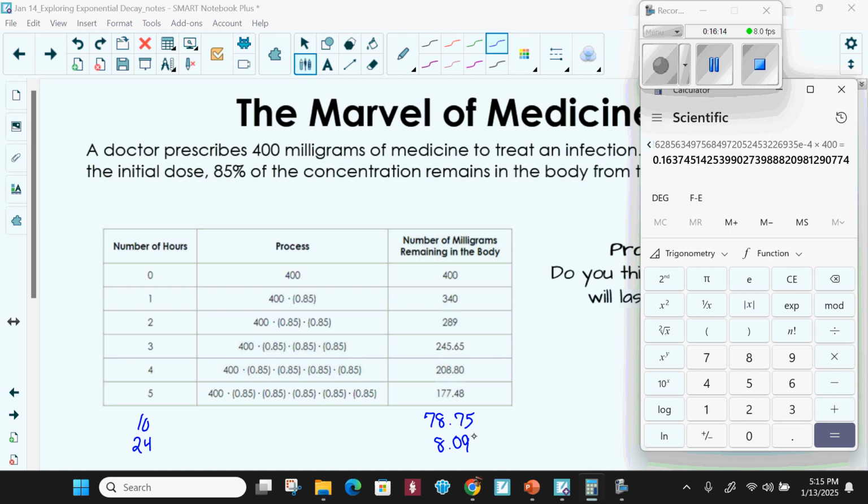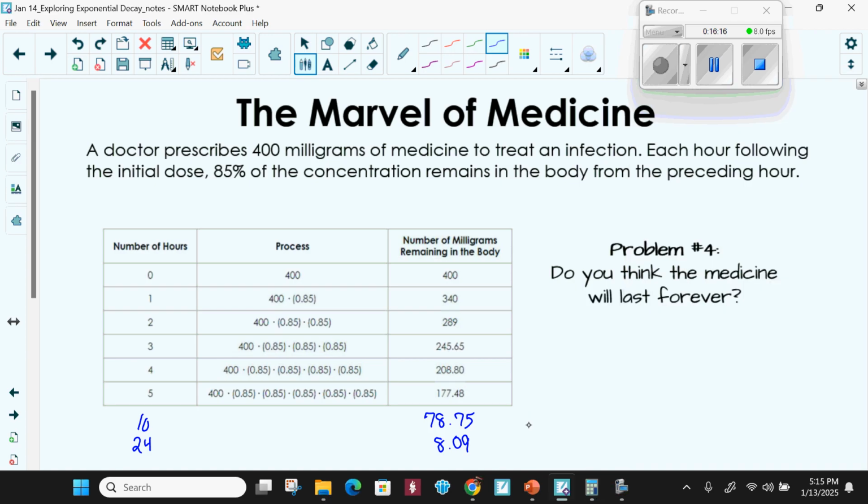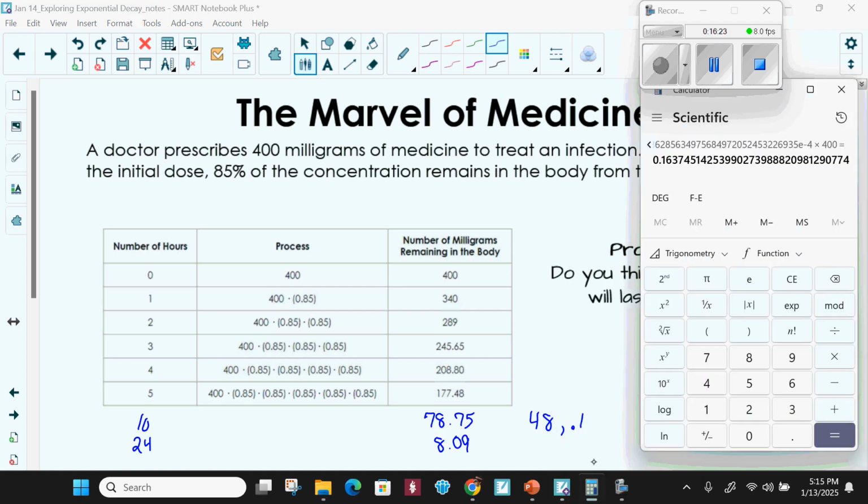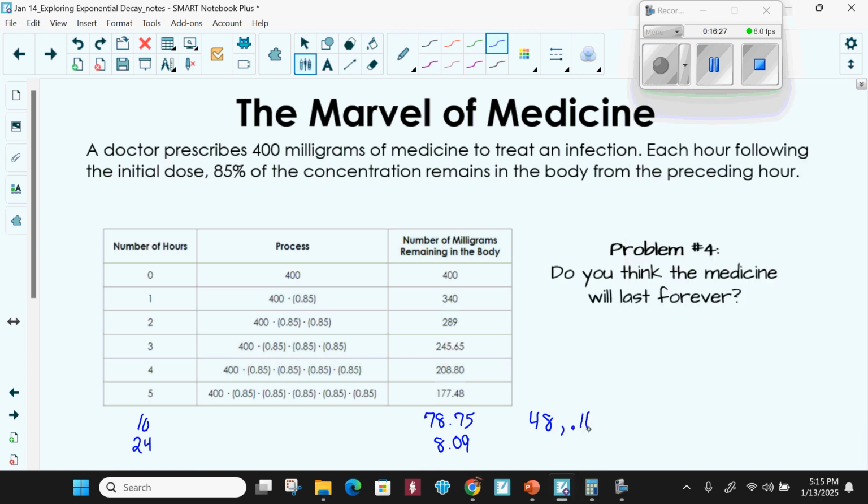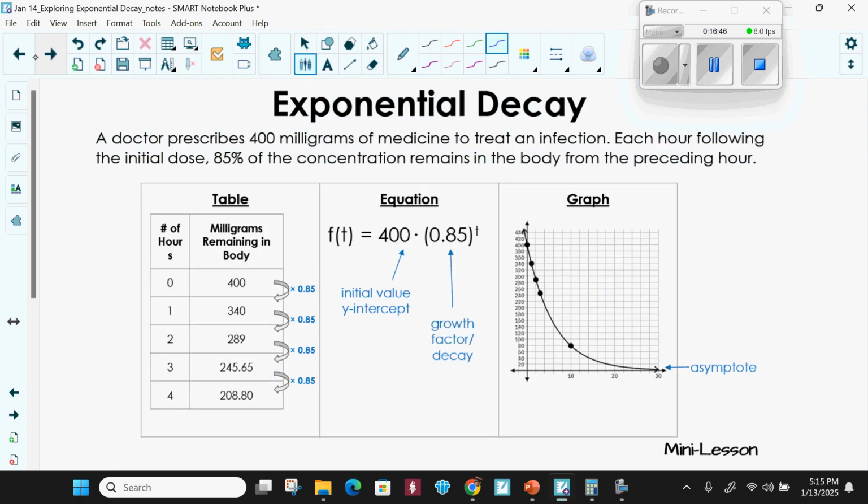This is 0.16 milligrams if we're looking at 48 hours. So we're getting really, really small here, to the point where it might as well not be in our system. But here's the thing, it's never going to reach zero according to this equation.